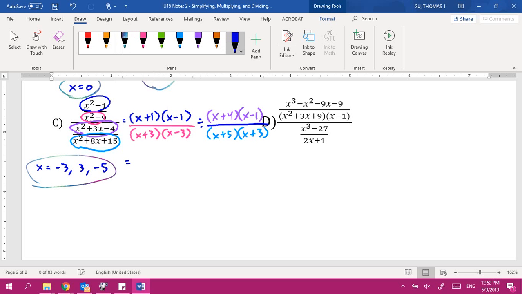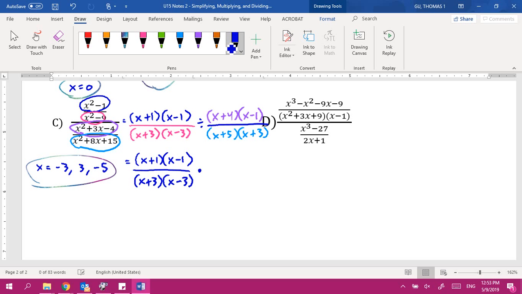Right, we flip the second fraction and then do what? And multiply, right. So my new expression should say what? Okay. x plus 1 times x minus 1 over? Right? And then what comes after this?